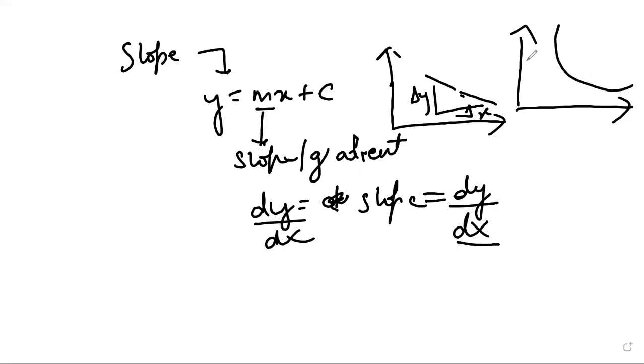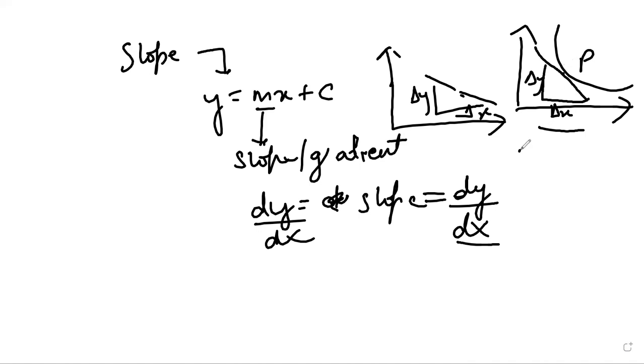Say we are asked to calculate the slope of a curve at a particular point P. So we will draw a tangent to the curve at the point P, and then the slope of this tangent, delta y by delta x, will be called the slope of the curve at point P.